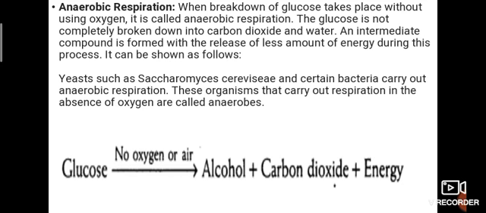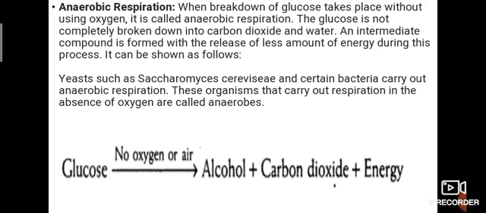Next one, anaerobic respiration. When breakdown of glucose takes place without using oxygen, it is called anaerobic respiration. The glucose is not completely broken down into carbon dioxide and water. An intermediate compound is formed with the release of a lesser amount of energy during this process.